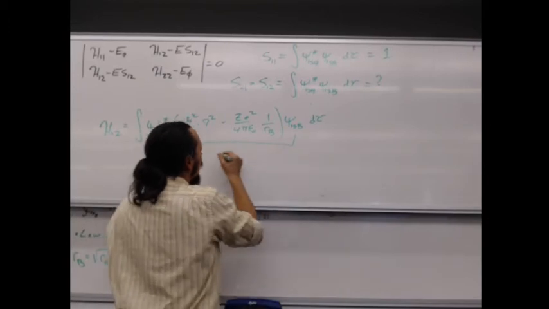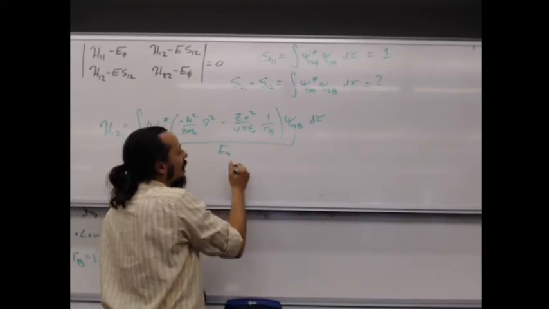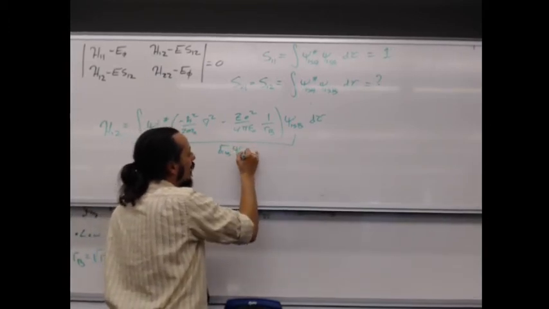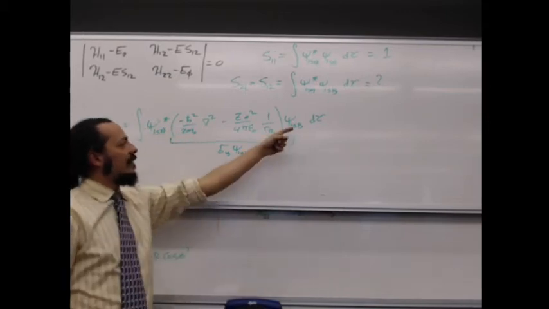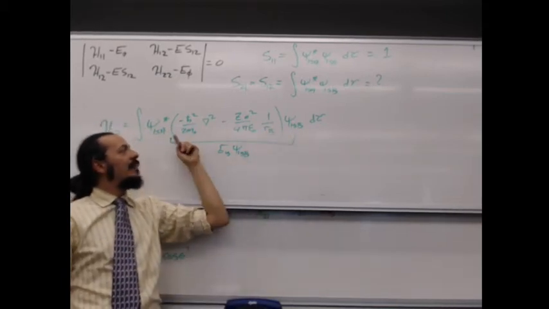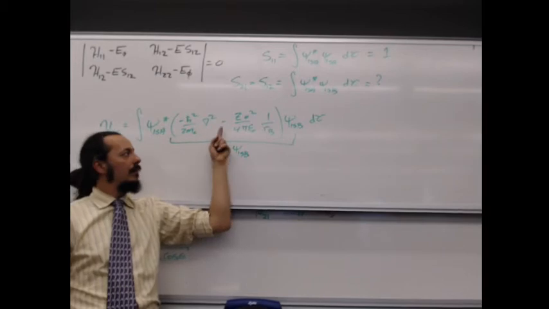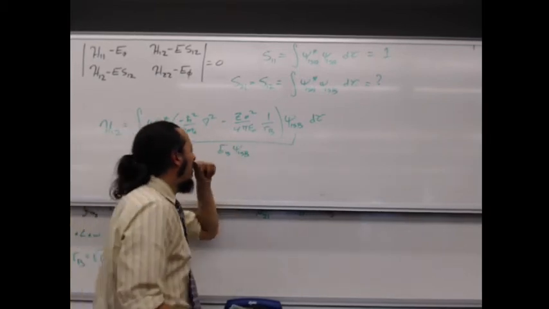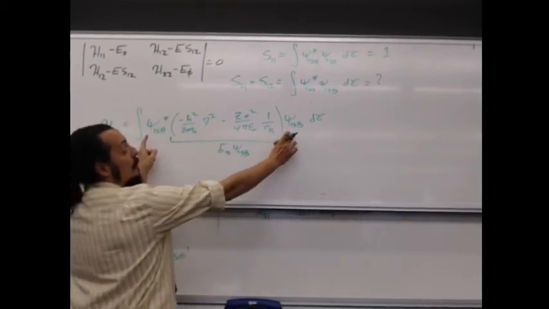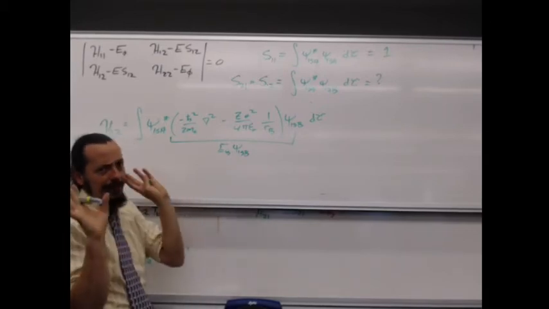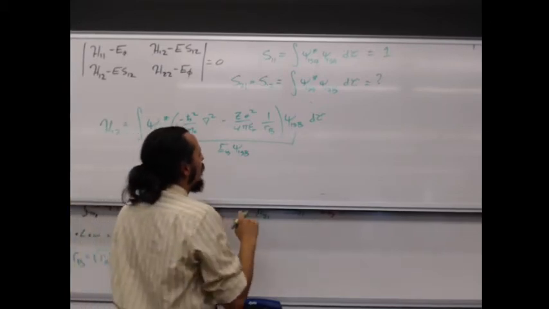This chunk is going to give me E1s psi 1sb, right? This psi 1sb is an eigenfunction of this operator. That chunk. But I'm still going to have an overlap integral left over, so it's not quite done yet.